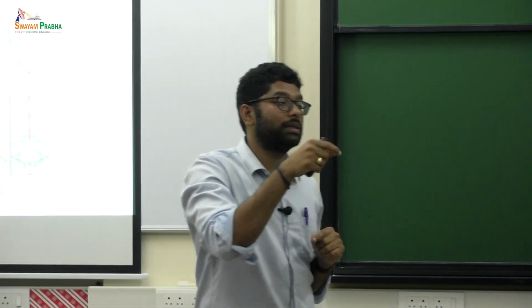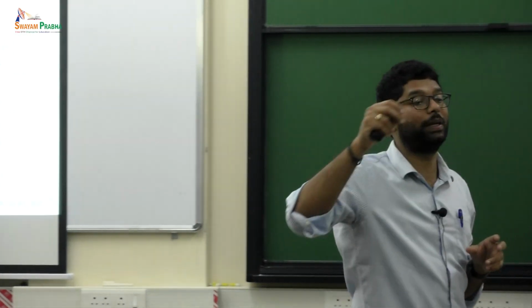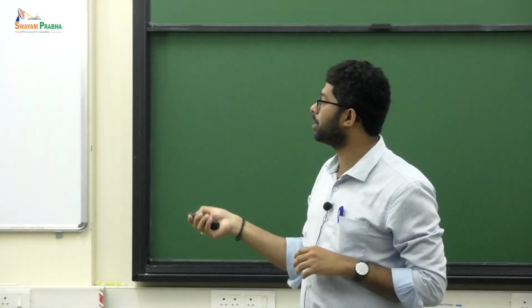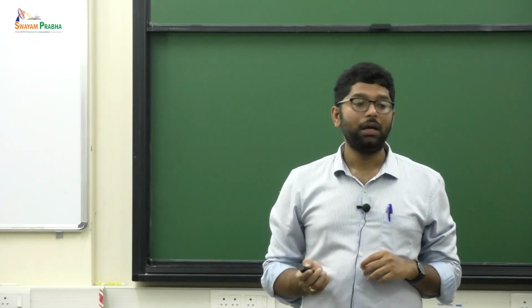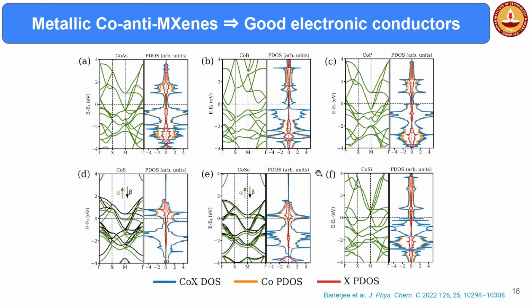Cobalt d orbitals are the places from which the electrons will be removed, is what this information is telling me, okay. So what we are learning from this is, first of all, these materials are metals, so that means they can be used as electrodes. And one more thing we are learning is that it is the cobalt that is giving the metallicity of this particular material, okay.